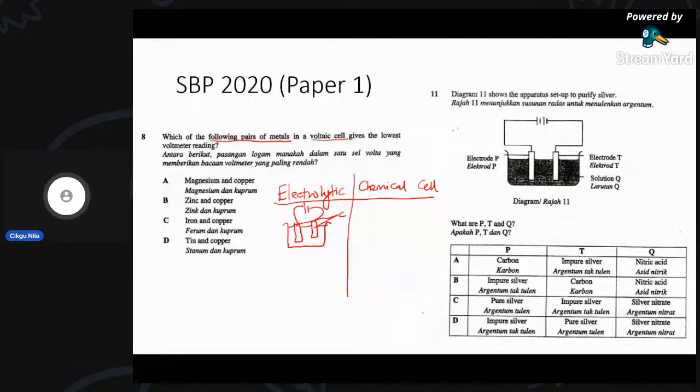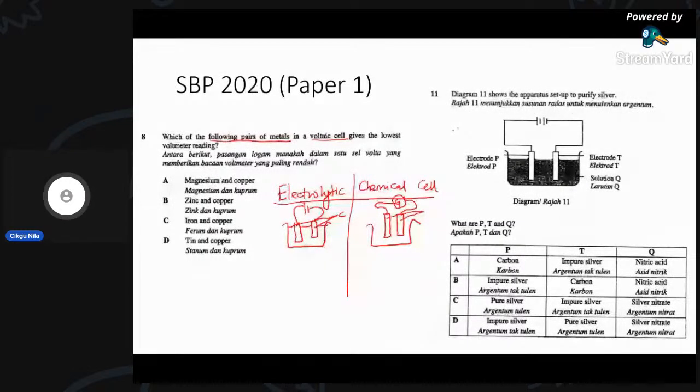Then the chemical cell has electrolyte in it, and it is connected to a galvanometer. If you want to measure the difference in the potential value, then you use a voltmeter. Usually it will be a galvanometer, and the electrodes used here are two different types of metal.